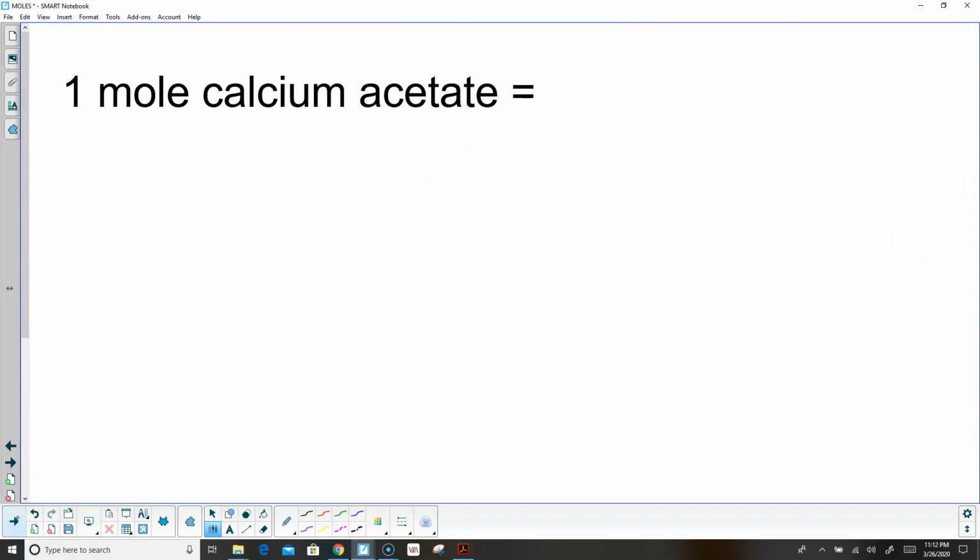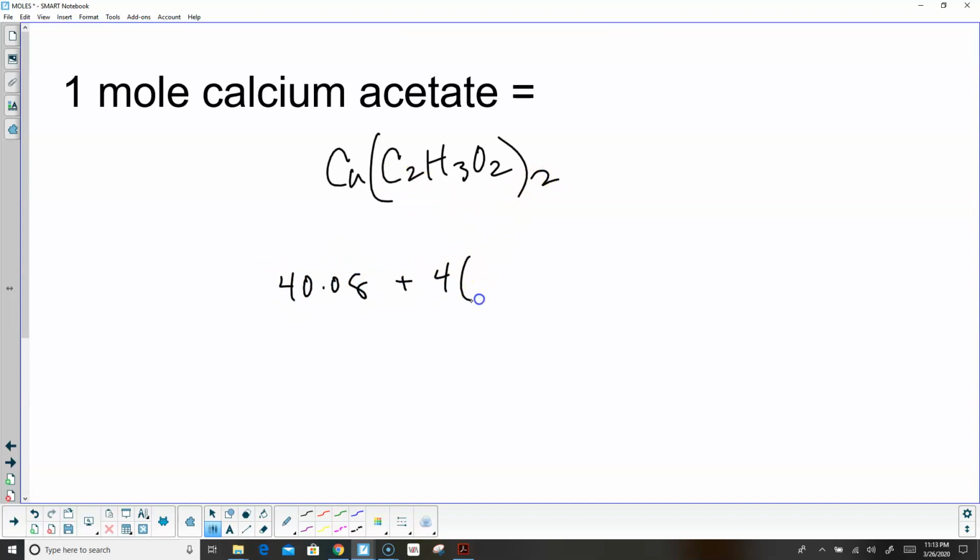Let's say I have a mole of calcium acetate. You have to remember calcium is 2 plus, and acetate is C2H3O2, 1 minus. When you write the formula, the acetate has to be in parentheses with a 2 there. Calcium weighs 40.08. There's a total of 4 carbons, each weighing 12.01. Multiplying 2 times 3, you have 6 hydrogens, each weighing 1.01.